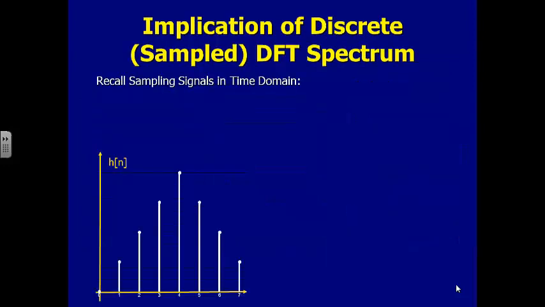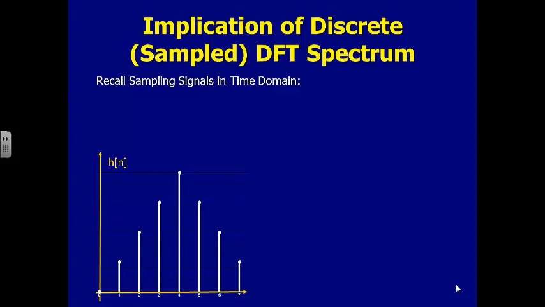Okay. With one really big caveat. So I have sampled signals in the time domain. So we know, therefore, its spectrum must have what characteristics? Sampled over here, what's happening in the transform domain?